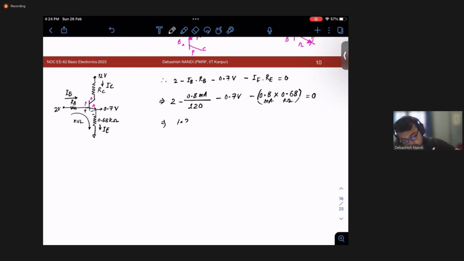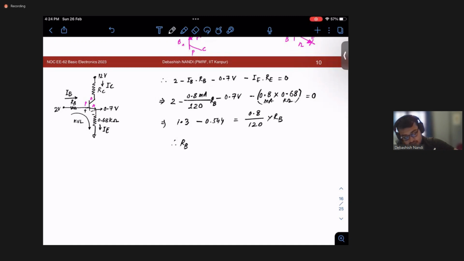So your 1.3, and there is one RB. 1.3 minus your 0.8 into 0.68, which is 0.544, is equal to 0.8 by 120 into RB, right?